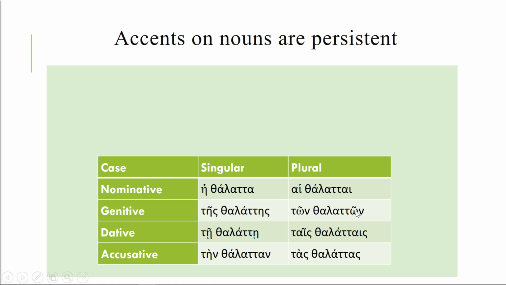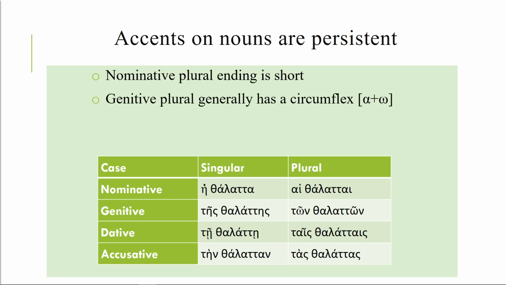Likewise here, the penultimate is long, and it always gets circumflexed because it's actually a contracted vowel. The nominative plural ending is short, even though it looks like it should be long, even though it looks like a diphthong, but it is treated as a short, so thalattai. The genitive plural always has a circumflex, we've already mentioned.